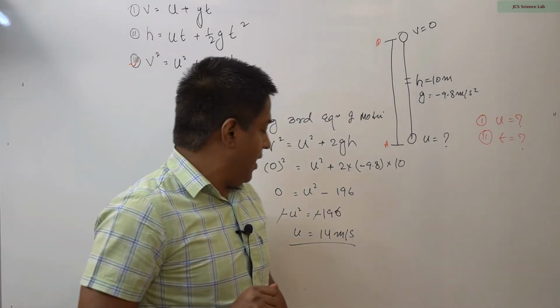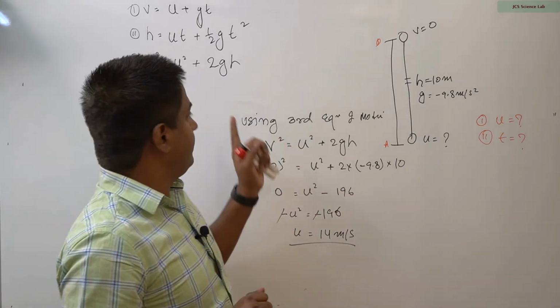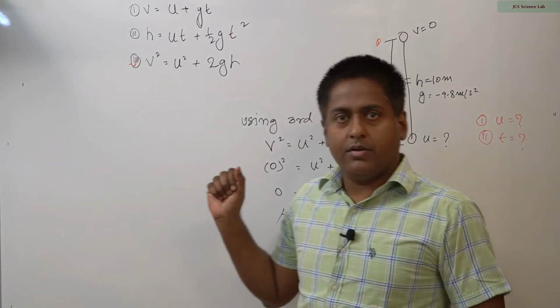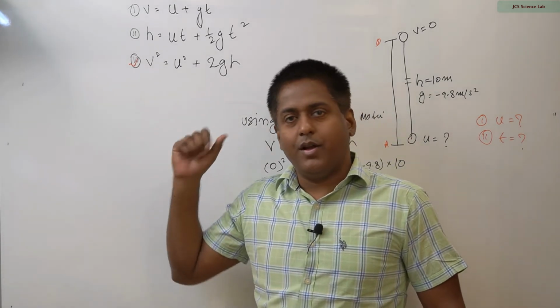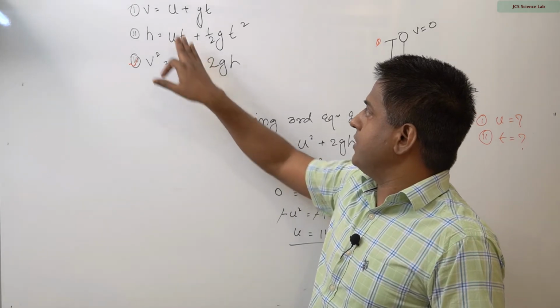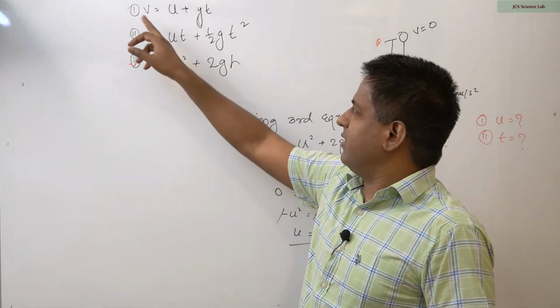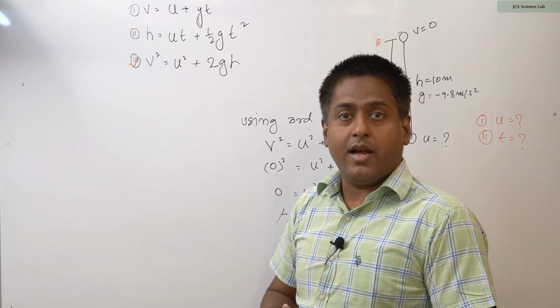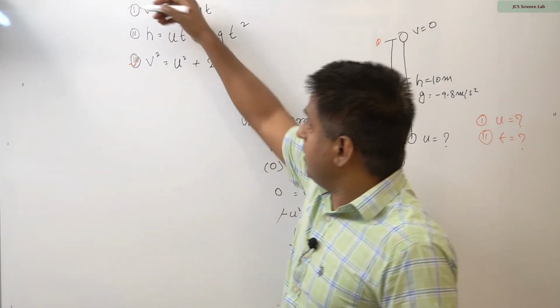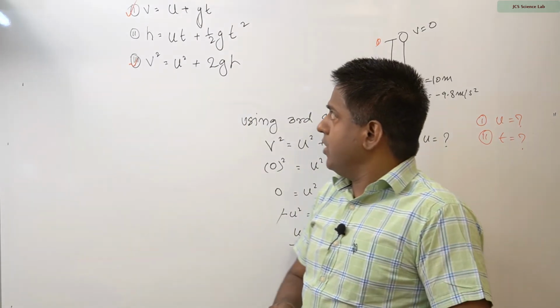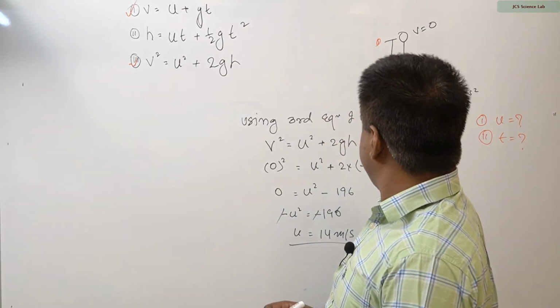Now we have got initial velocity and final velocity, which is 0. We have height. We need to find out time. You can find it using either equation, but it's easier to use the first equation of motion. That is also a very intelligent decision, choosing which equation to use to minimize your time, because in the exam time is very less.